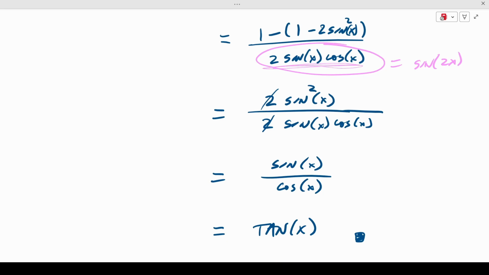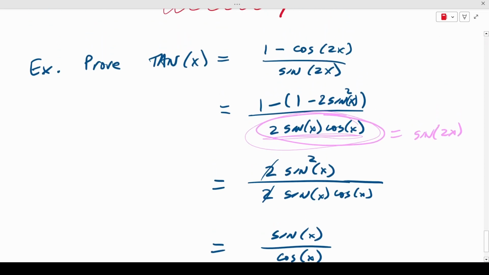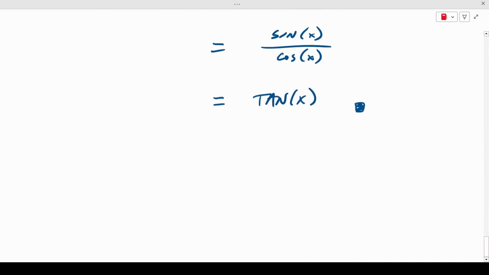Whereas if I have memorized my identities, this just pops out at me as obviously sine of 2x. Now, in this particular case, we actually started with sine of 2x and picked this out. That's a little bit easier. But either way, you have to kind of see what these pieces are and kind of know what potentially they could be made equivalent to in order to do the proof. So memorizing the identities is very helpful.